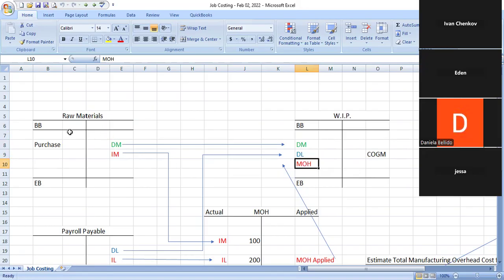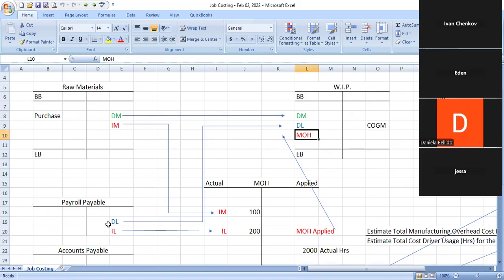Well, direct material comes directly from the raw material. We're purchasing the raw material, then we're using the raw material as a direct material, and that becomes the first part of the product cost. That's easy. Direct labor comes from the payroll account and goes directly to the work in process account to meet with the direct material.